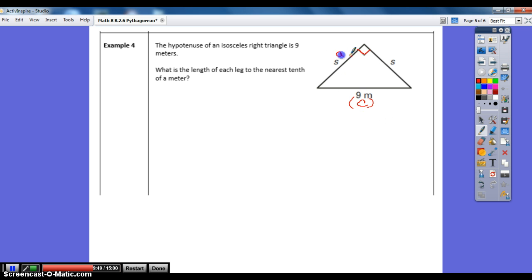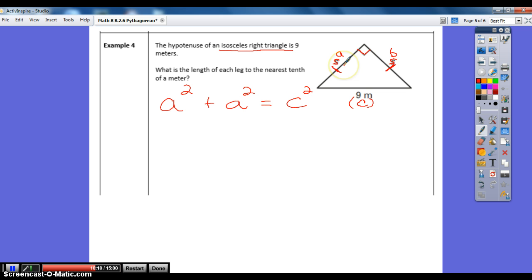Now, here's our A and our B. They're telling us that this is an isosceles right triangle. So that means these are the two congruent sides. They're equal. They labeled them S for this side and this side. So we could go A squared plus A squared equals C squared, couldn't we?